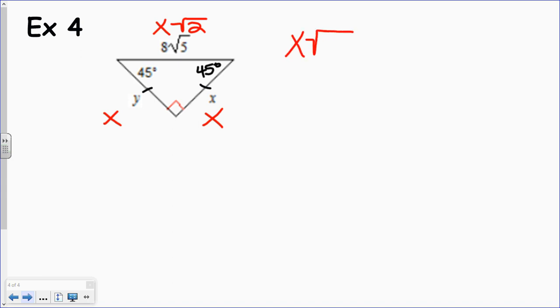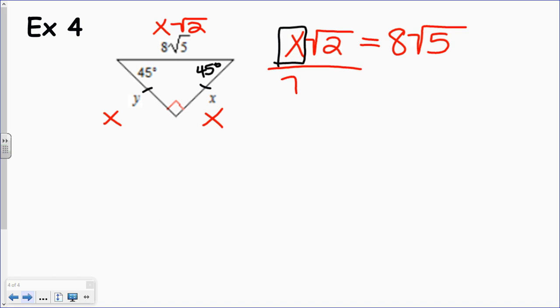So we just set up the equation. We know that x root 2 is equal to 8 root 5. And as we're working this out, we just want to figure out what x is. So in order to solve for x, I'm going to divide both sides by the square root of 2. The square root of 2's cancel here.